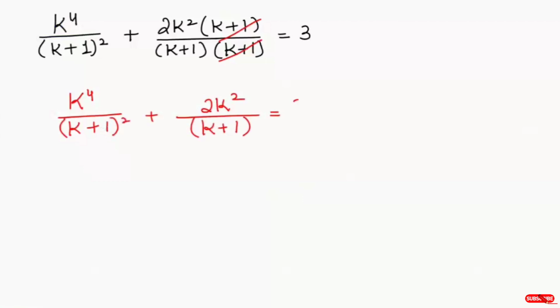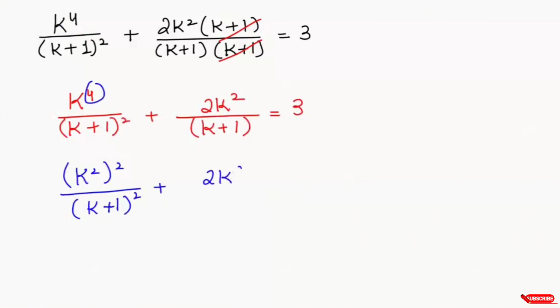is equal to 3. Now next I am going to split this power, k square whole to the power of 2 over k plus 1 whole to the power of 2 plus 2k square over k plus 1 is equal to 3.